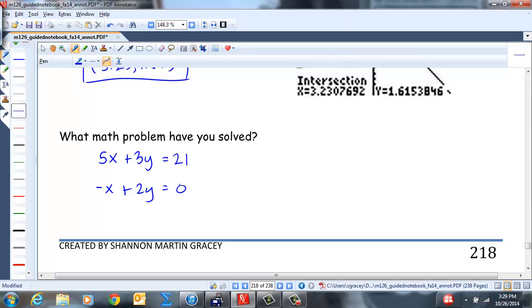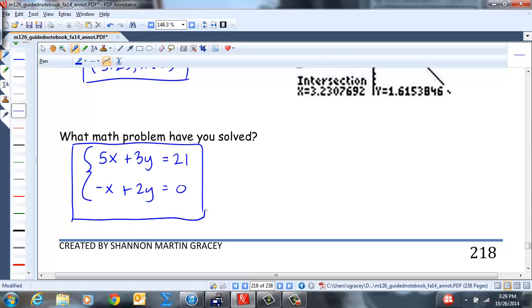So what we have there is a system of linear equations. Sometimes people put a comma after the first equation. Your textbook uses this kind of notation to note a system. And so that's the system you just solved by graphing.